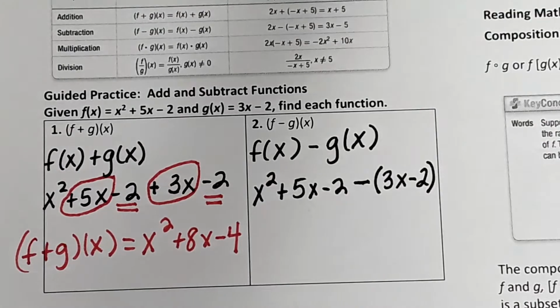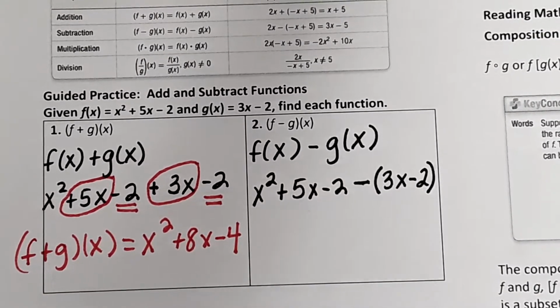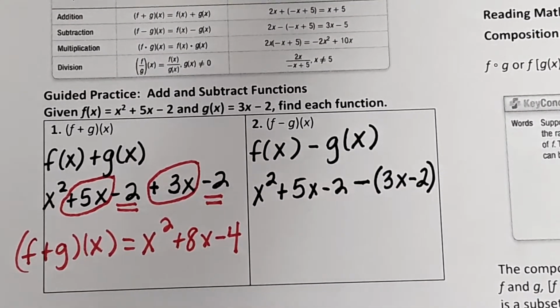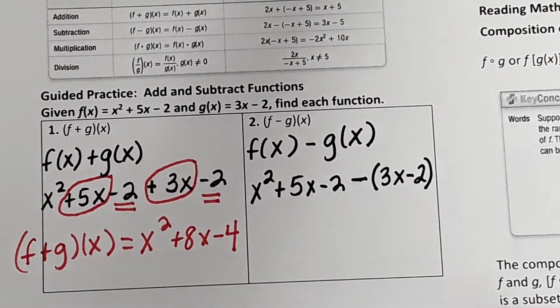The reason is you're not just subtracting the 3x, you're subtracting that entire expression. So when it says minus g of x, what is g of x? It's not just a number, it's an expression, so we have to do 3x minus 2.